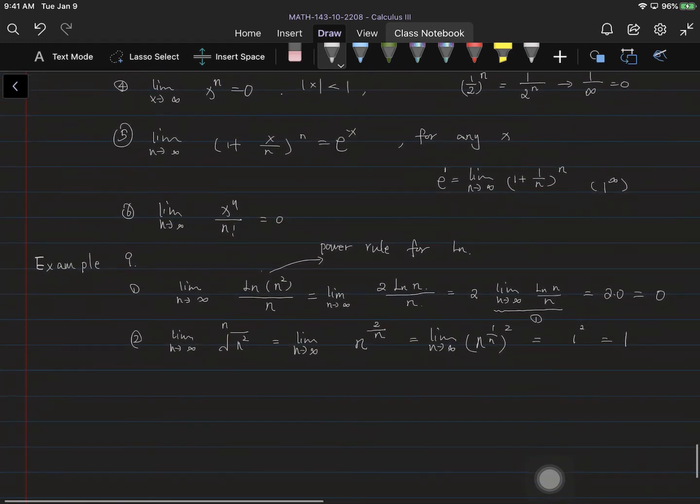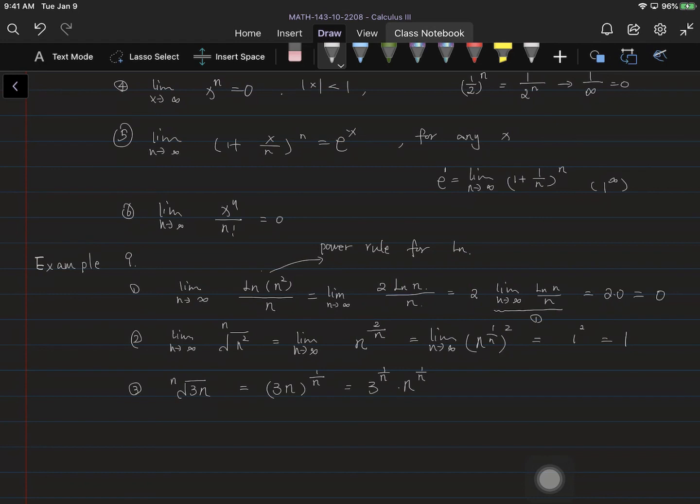Okay. Number 3. Nth root of 3n. Similar to number 2. Okay, let's take a look. Firstly, simplify: 3n to the 1 over n power, and then distribute the 1 over n power to 3 and n separately: 3 to the 1 over n, n to the 1 over n.